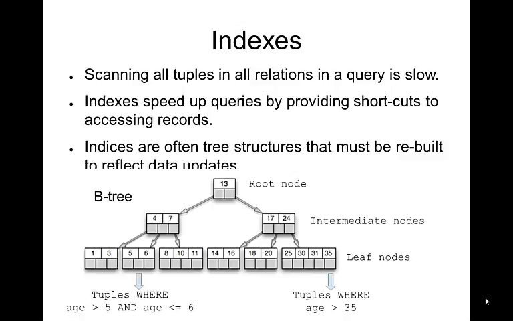The index builder will go through all the rows in the table and find the age for each tuple, each record, and then it uses a tree structure to index those values. So here's an example. I want to know all records where the age of the person is greater than 5 and less than 6.